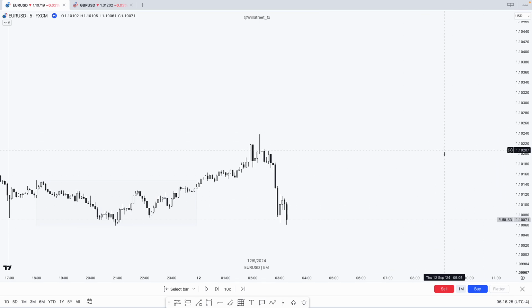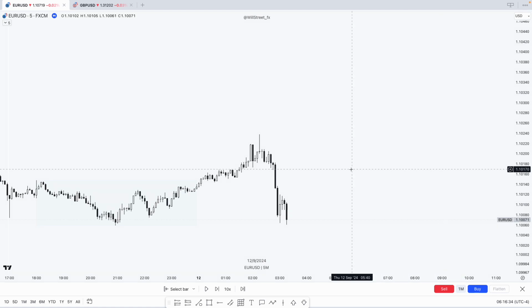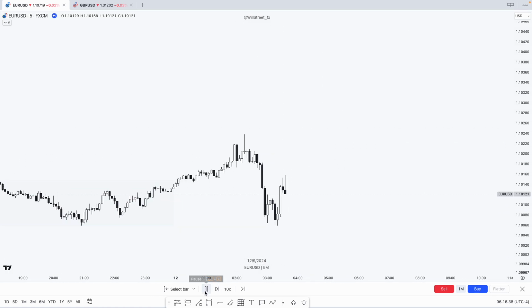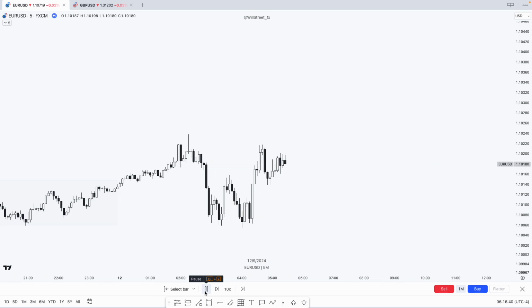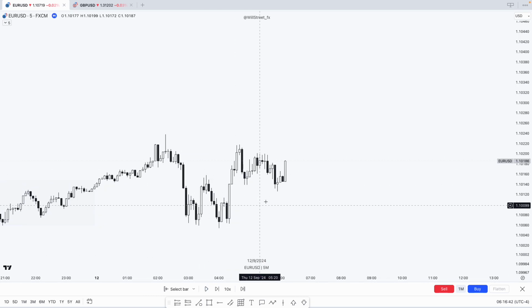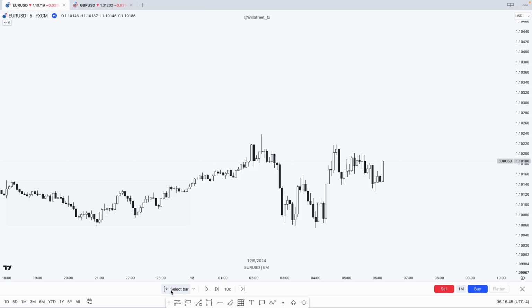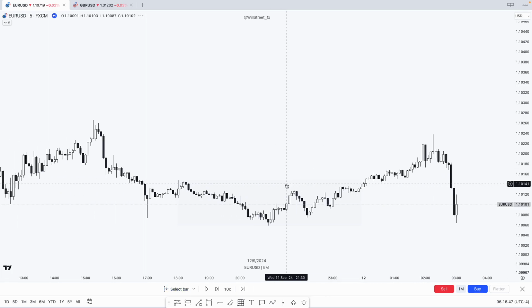So here is when I like to trade on the days that we have interest rates. I don't like trading the previous session of the pair that we have interest rates. But anyway, you will see that it was a difficult session here, but we could have a good trade.